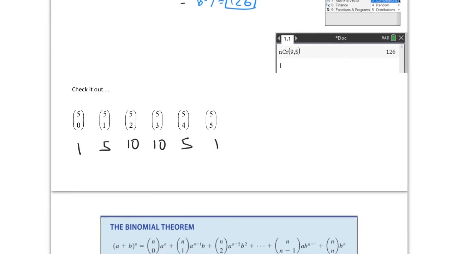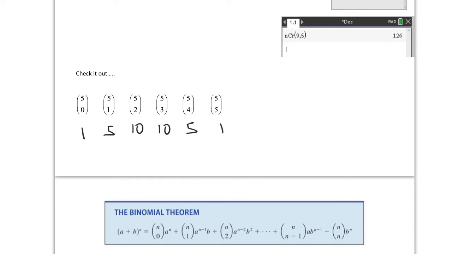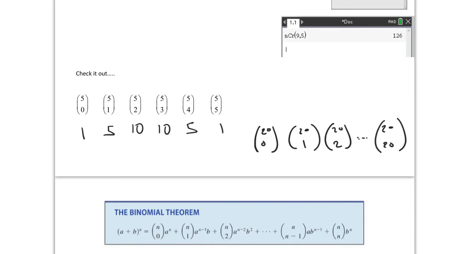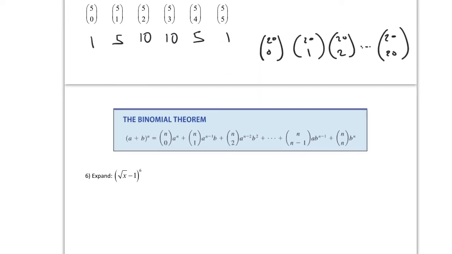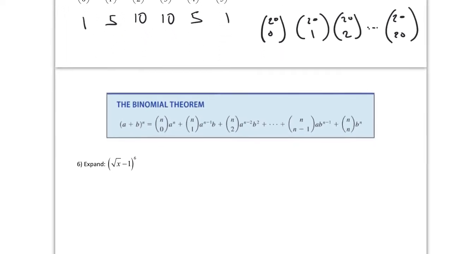So we can find any row of Pascal's triangle using binomial coefficients. If I wanted to find the 20th row, I would have 20 choose 0, 20 choose 1, 20 choose 2, skip a few, all the way to 20 choose 20. So I could find any element of that row of Pascal's triangle using this idea of a binomial coefficient.